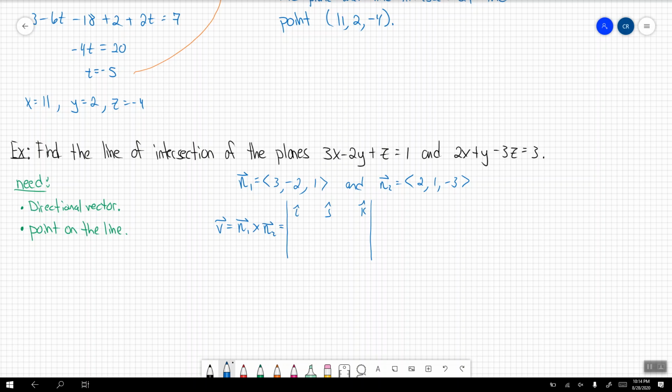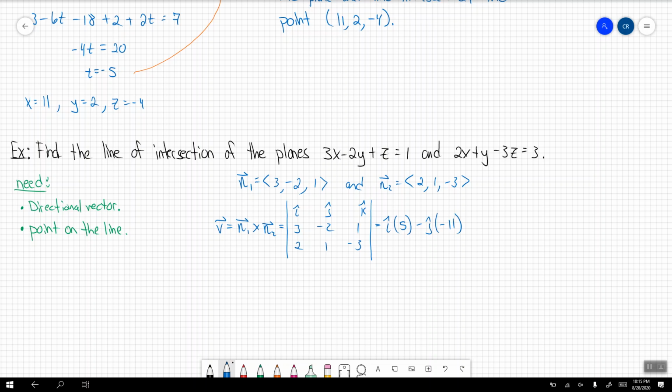Okay, so here we go. 3, -2, 1, and then 2, 1, -3 for the n2 vector. So here we go for the i components. The i component is going to be 6 minus 1, that's 5, minus the j component, that's going to be -9, minus 2, that's -11.